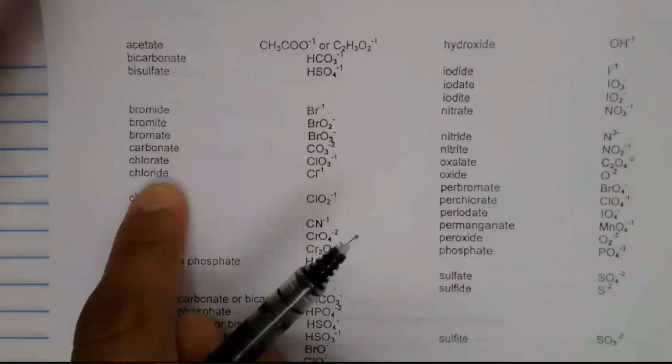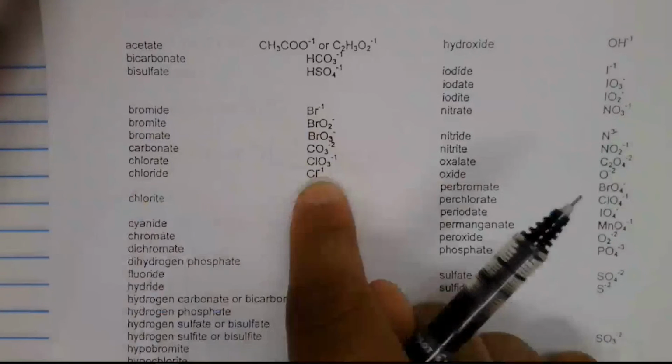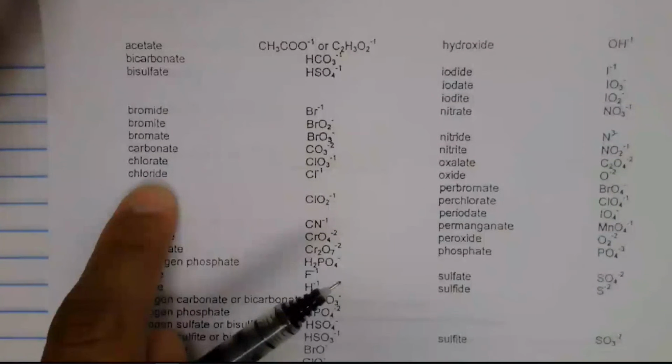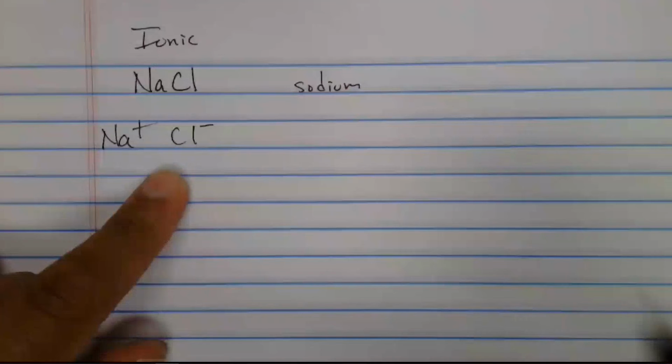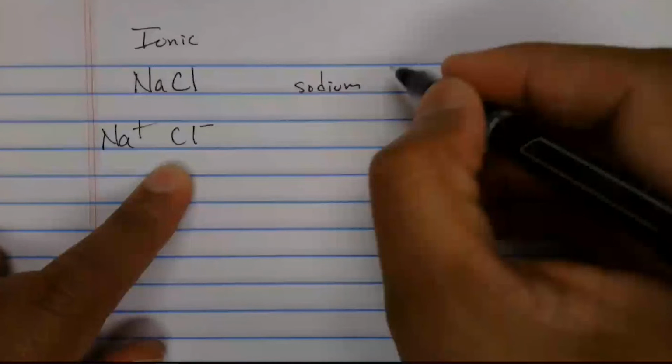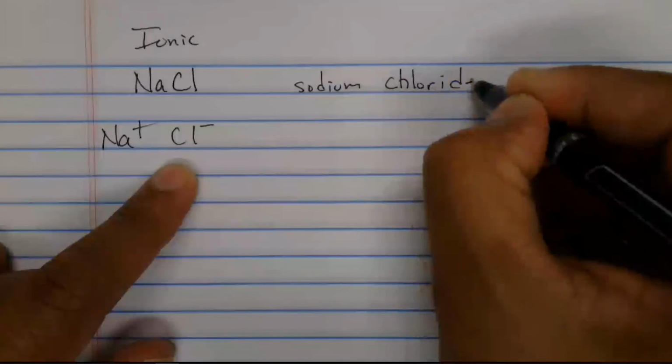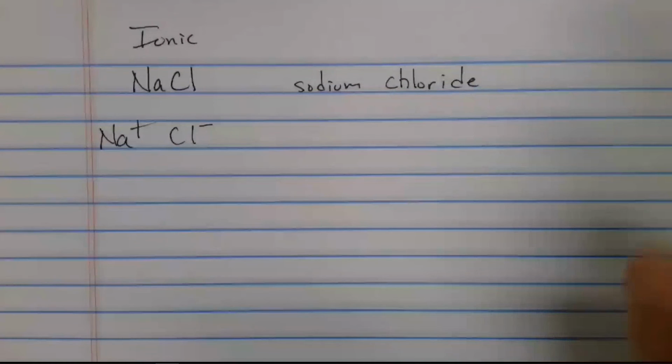When chlorine accepts an electron to become -1, the name changes to chloride. So notice that suffix change. So Cl minus is called chloride. Okay.